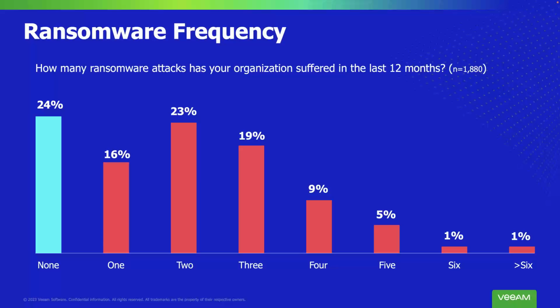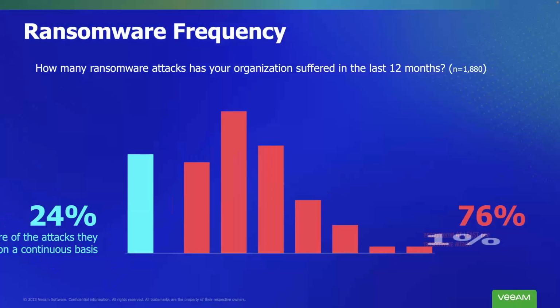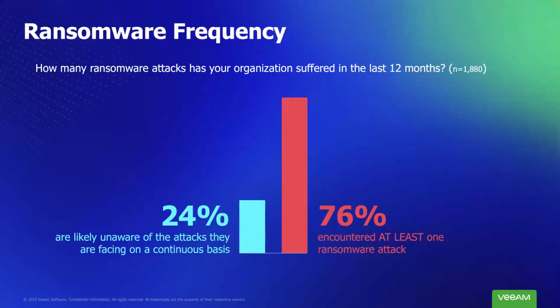And in the last 12 months, if you look at this chart, some of the organizations did suffer more than once, as high as 6 or even more than 6 attacks per year. And this is the 2022 survey based on 1,800 respondents.